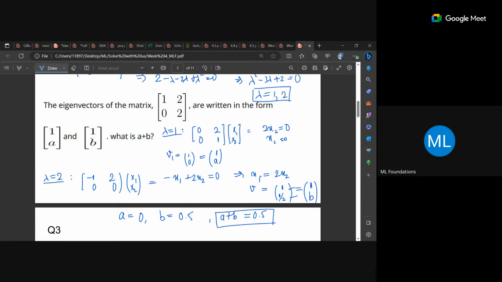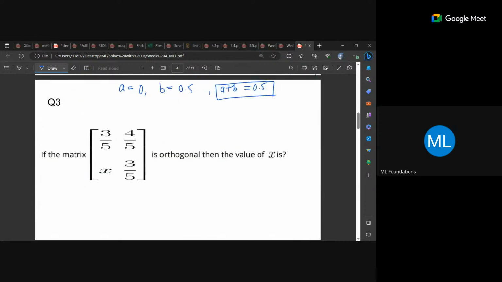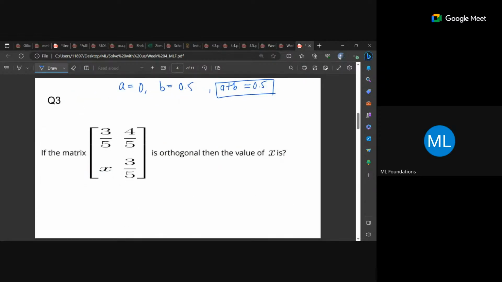All right, let's do the next one. You have the matrix with entries 3 by 5, 4 by 5, and x, 3 by 5. If this matrix is orthogonal, then what should be the value of x?